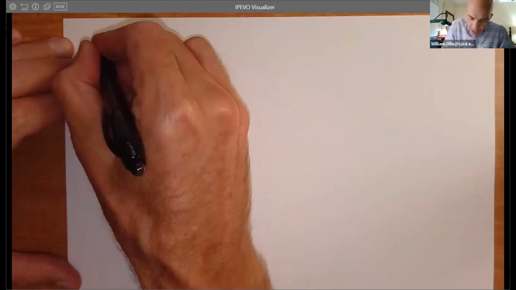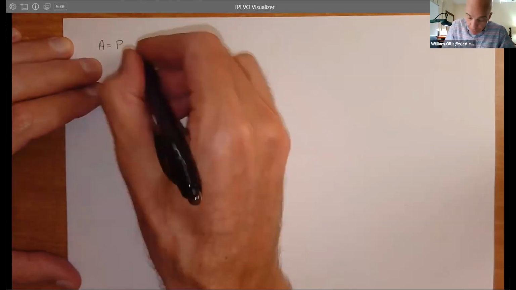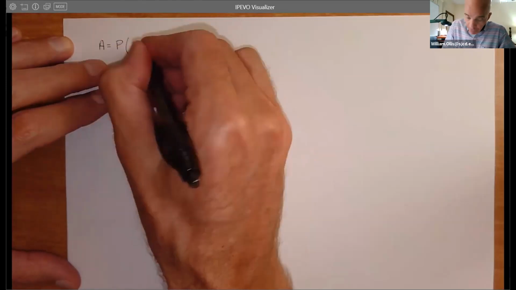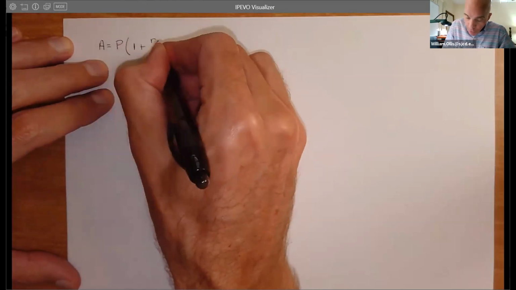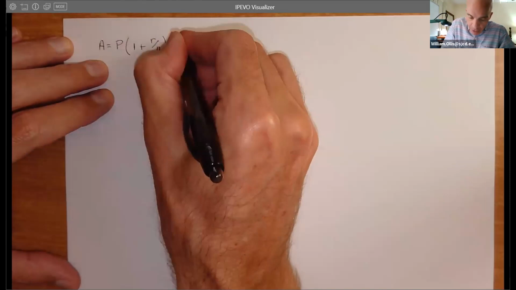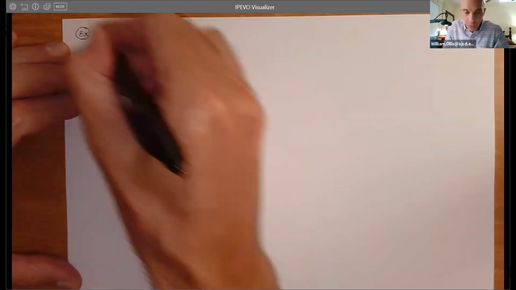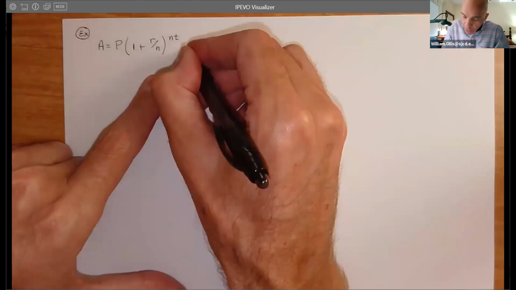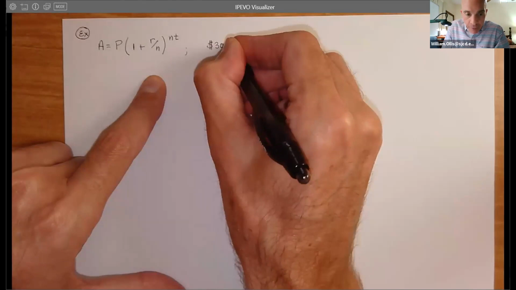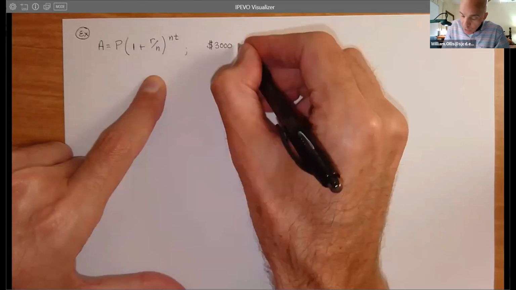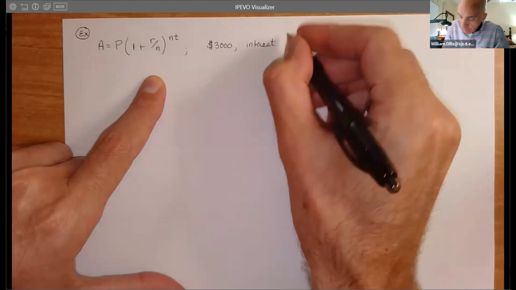So remember, we have A equals the principal times 1 plus r divided by n raised to the nt. And here's an example. I just wrote this again, so we'll have this on the page so you can see it. And we have a principal of $3,000, and we have interest compounded monthly.